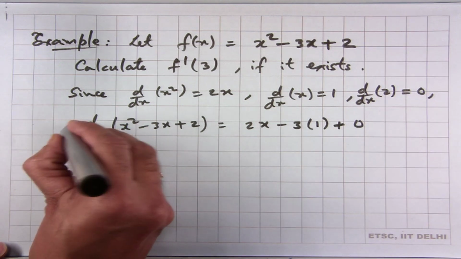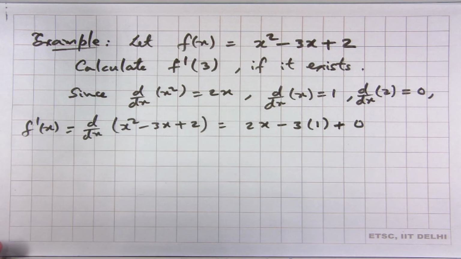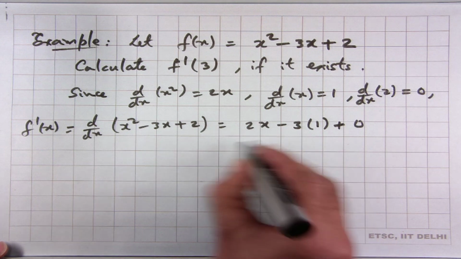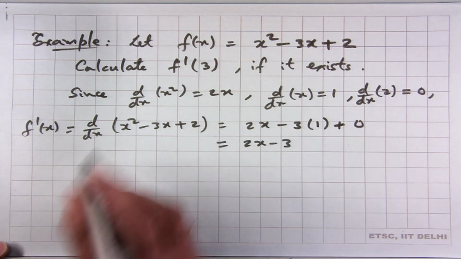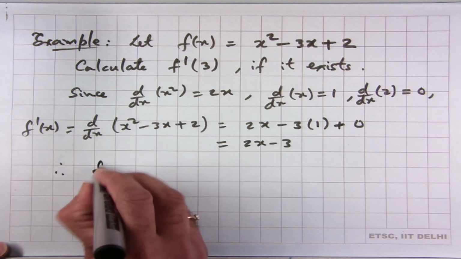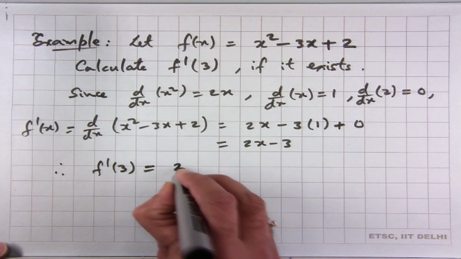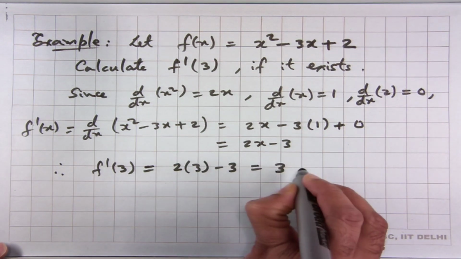So, this is nothing but f prime of x. So, in fact, for any x, the derivative exists at x and is given by 2x minus 3, and therefore, f prime at 3, you just have to plug in x equal to 3, is 2 times 3 minus 3, which is equal to 3.